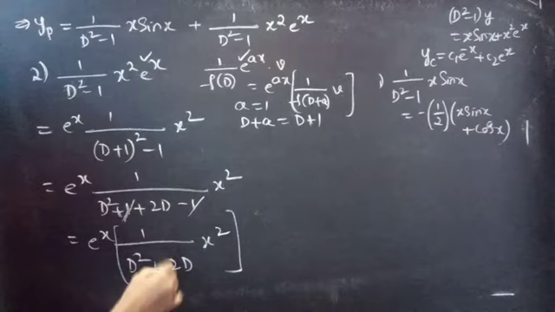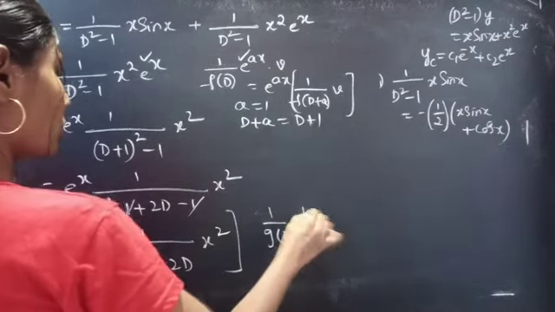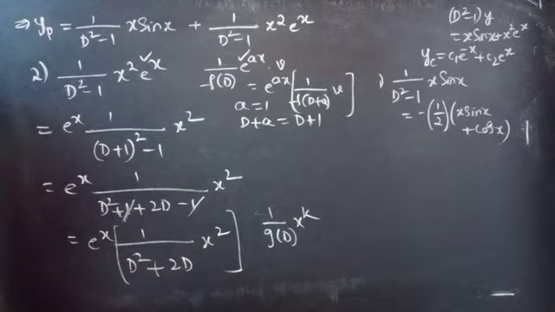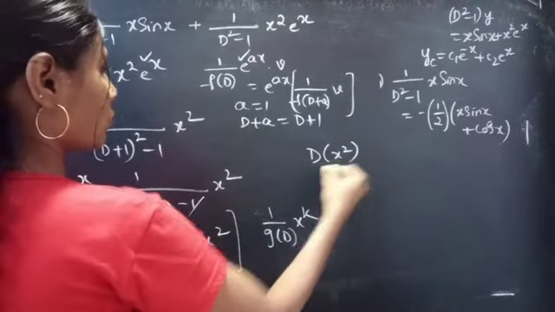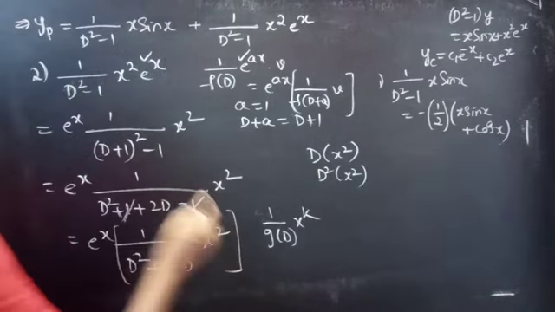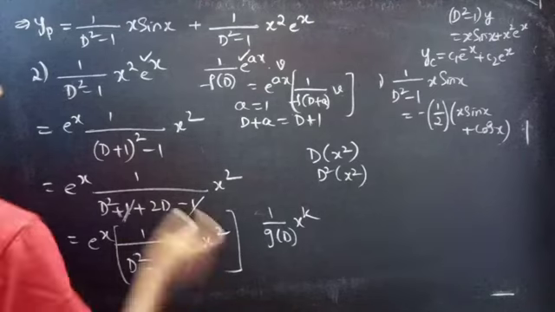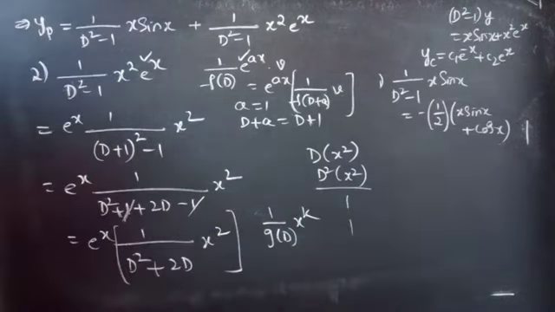Again, this is of 1 by some function of D into x to the power k form. Right? So for k equals 2, we'll have derivatives till D square. Because we are having power 2, we'll get only 2 derivatives of x square. And from here, all higher derivatives of x square are 0.